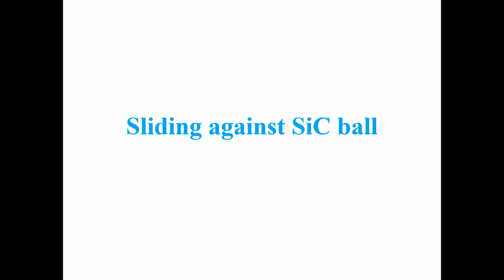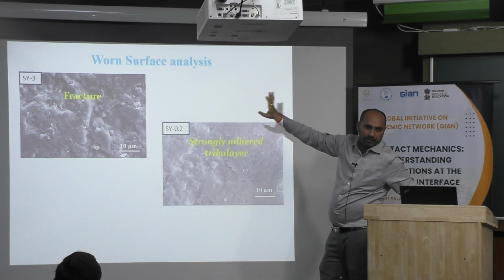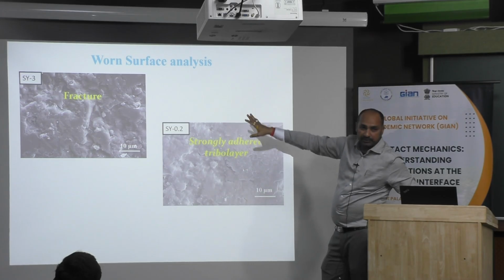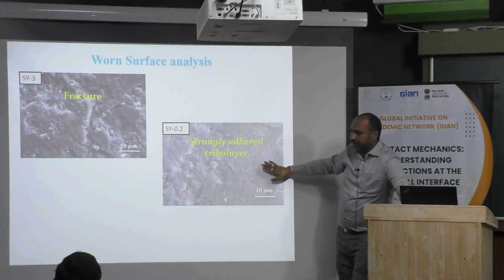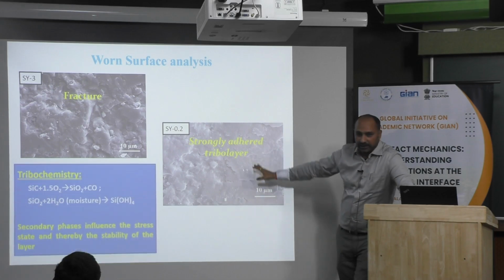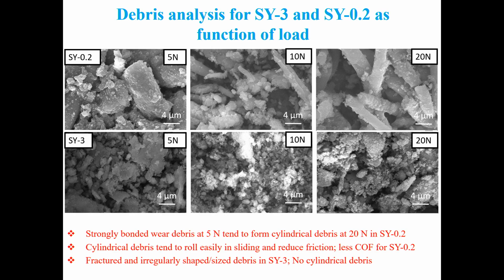Then moving to SiC, it is very interesting. Again the fracture surface: in the case of SY3, I am directly going to one surface. In the case of SY3 it is a fractured surface, but in the case of SY0.2 we are seeing some strongly adhered layer. And this is again the chemistry we can understand, which we can see here.